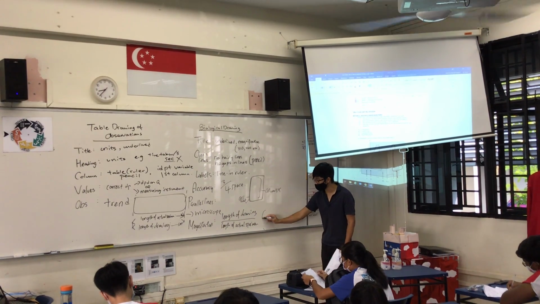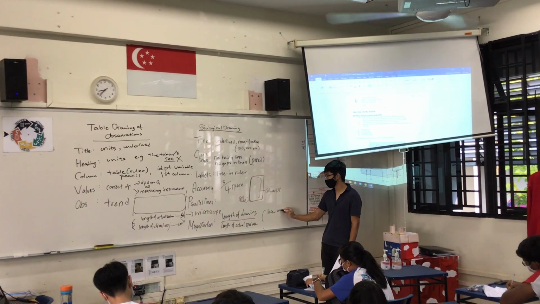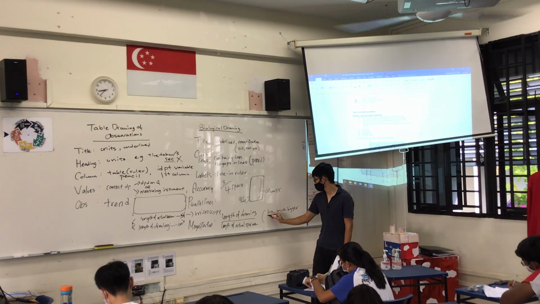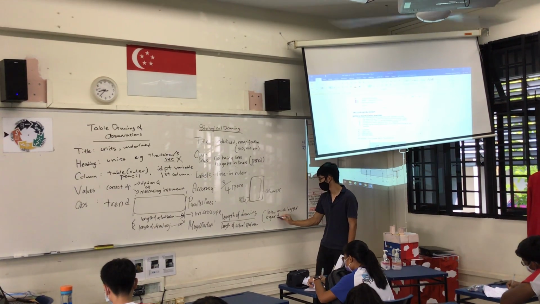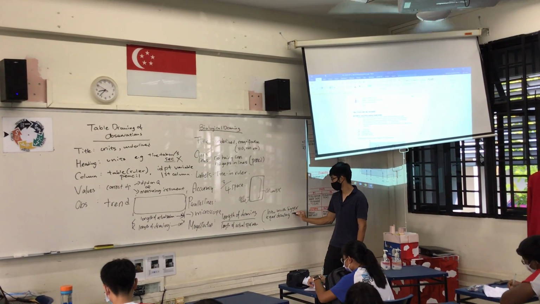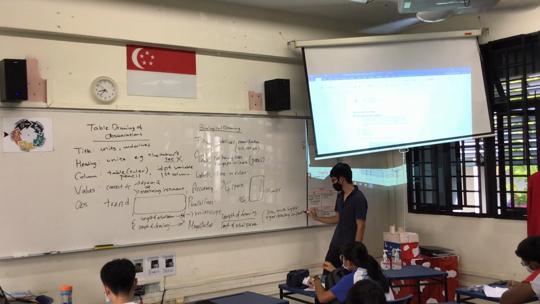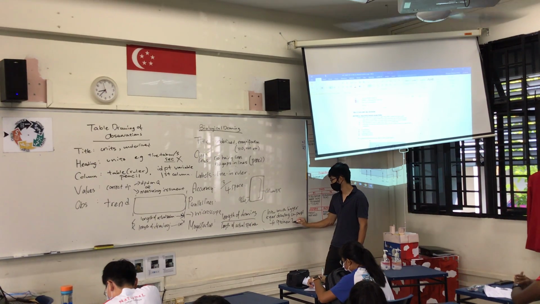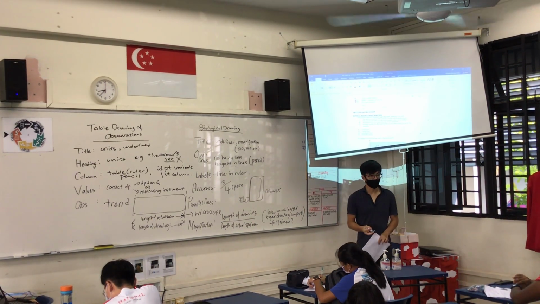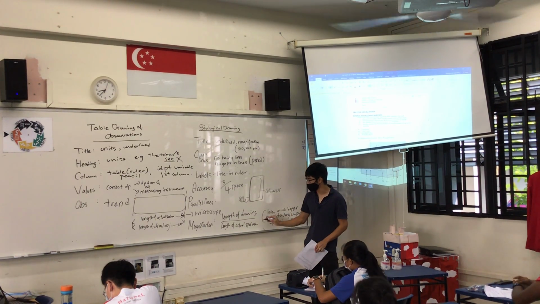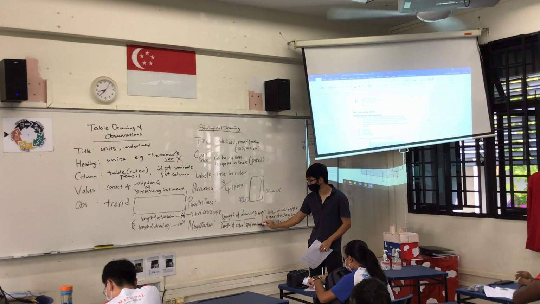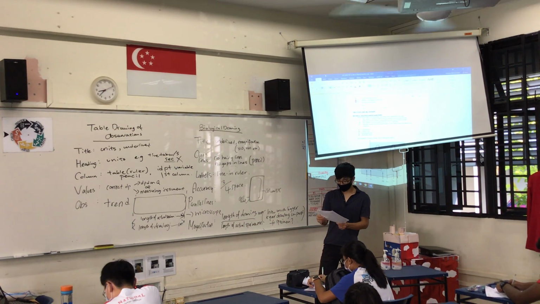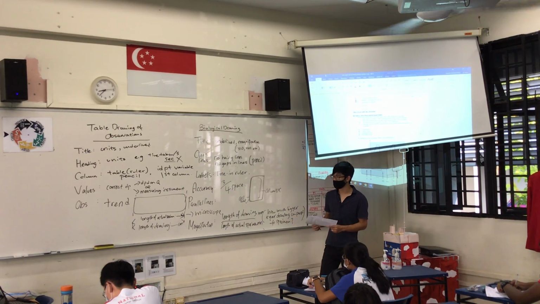In other words, magnification is a measure of how much bigger your drawing is compared to the specimen. That's what magnification is. Make sure that the unit is the same. So if it's mm on top, below needs to be mm. If it's cm on top, below needs to be cm. Okay? A bit wasted. I don't see many students doing magnification.